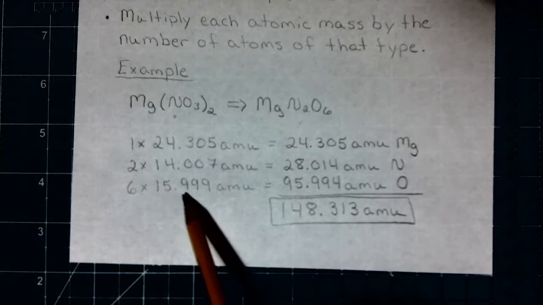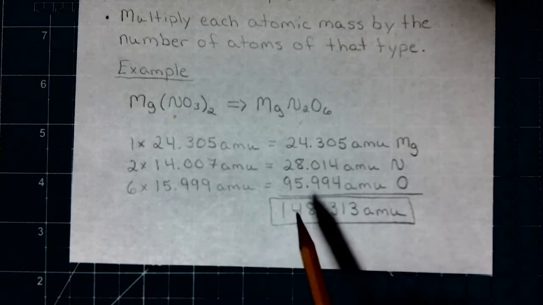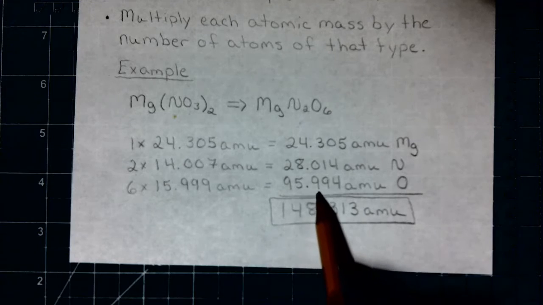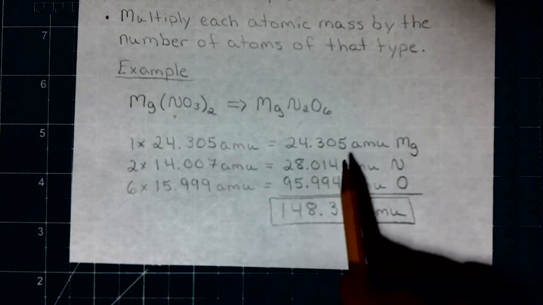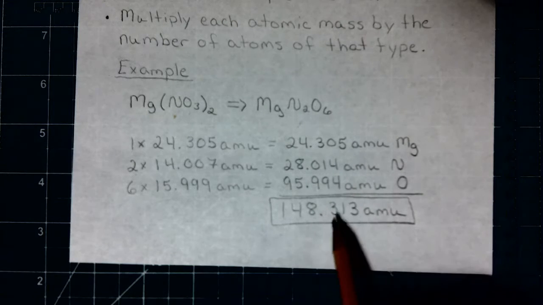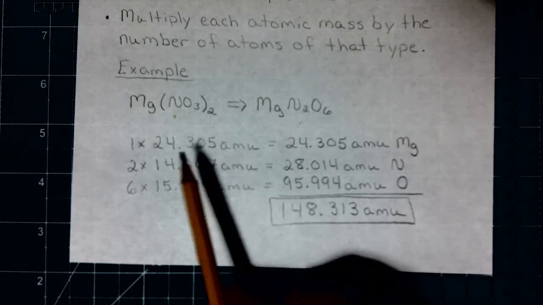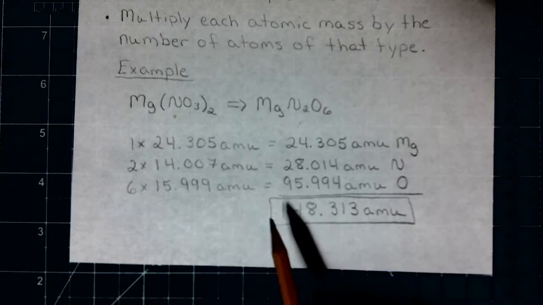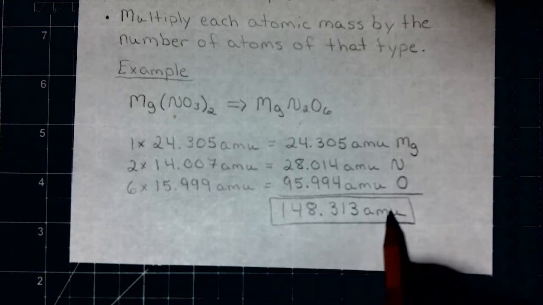And then there's 6 oxygens. We'll multiply it by its atomic mass, and we'll see that there's 95.994 AMU from the oxygen. We'll add all of these values together, and we'll see that the entire formula mass for magnesium nitrate is 148.313 AMU.